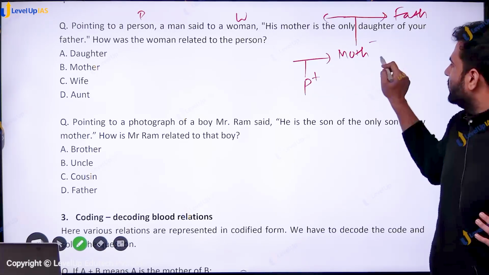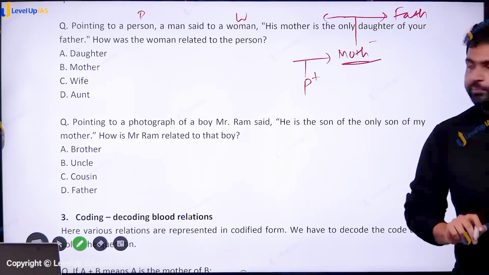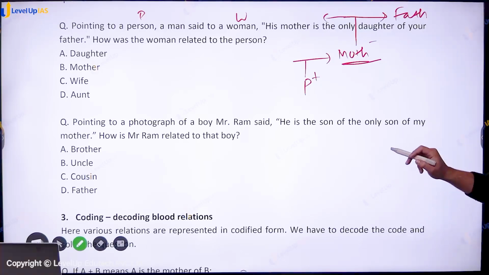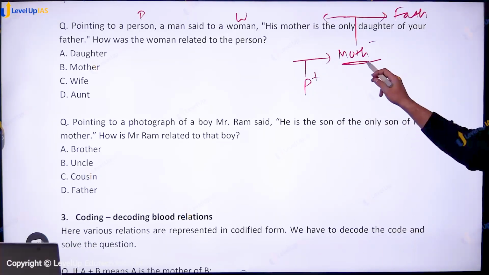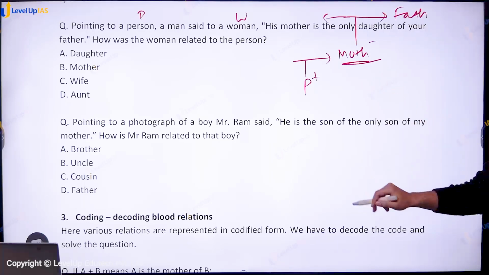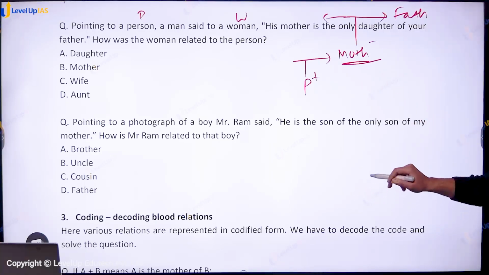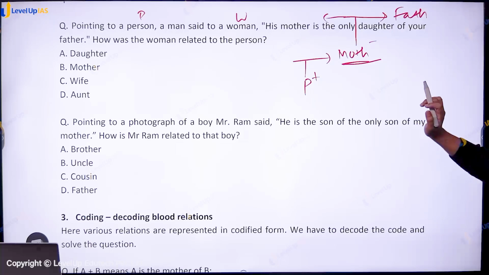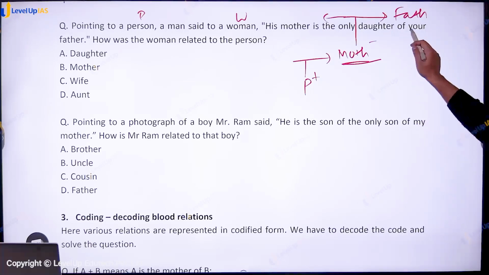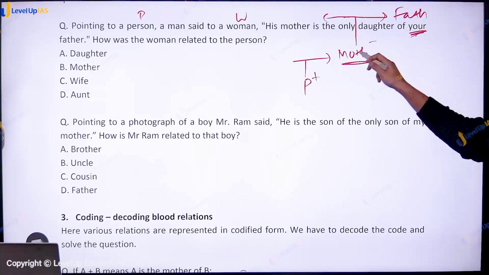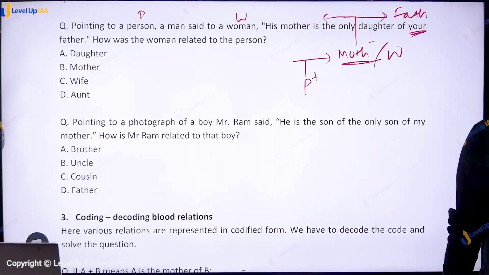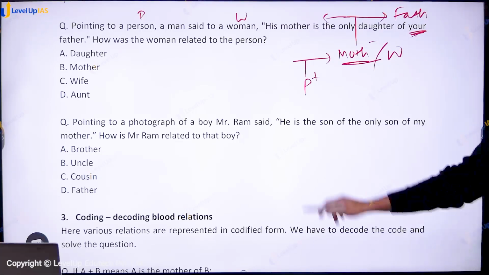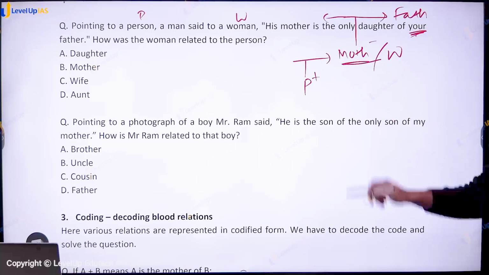So we are talking about that person's mother only. How is the woman related to person? So this is the क्या? Where is the woman in this? Your father, na? So this is your father. This mother is only woman. So how is the woman related to person? She is his mother.